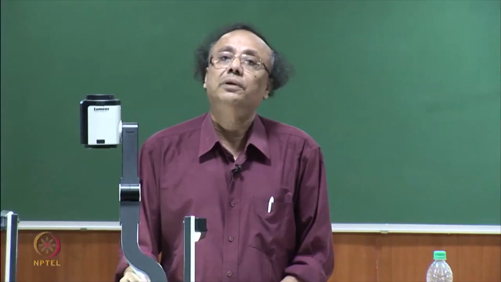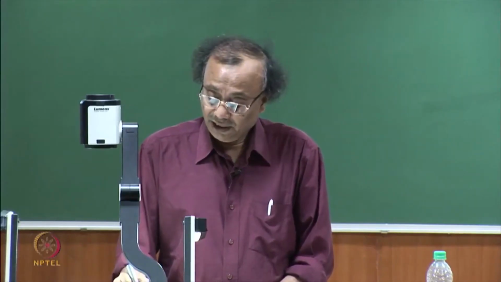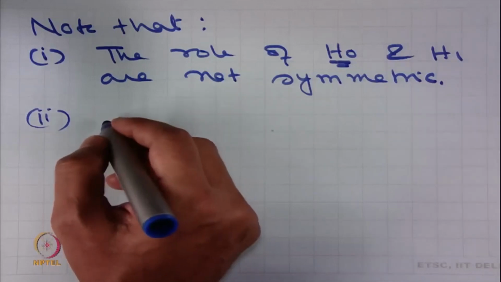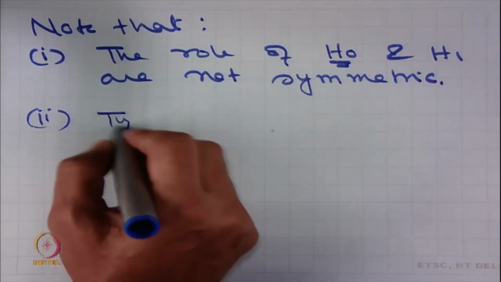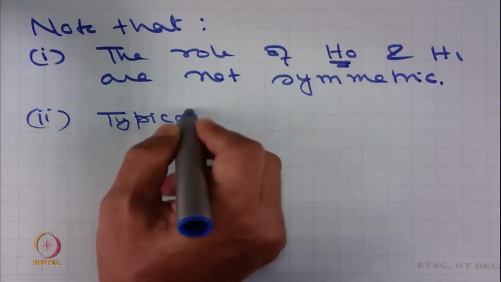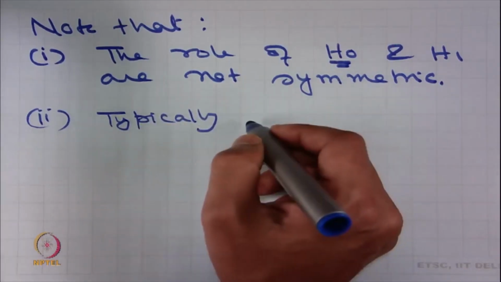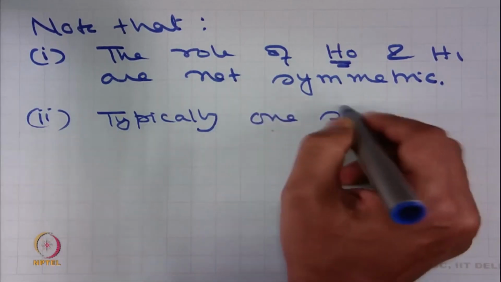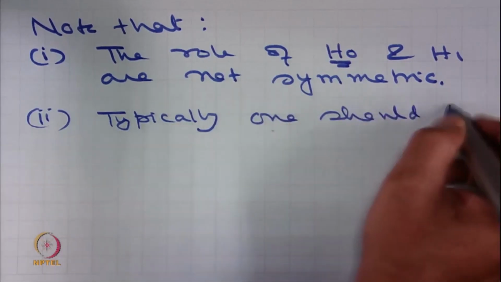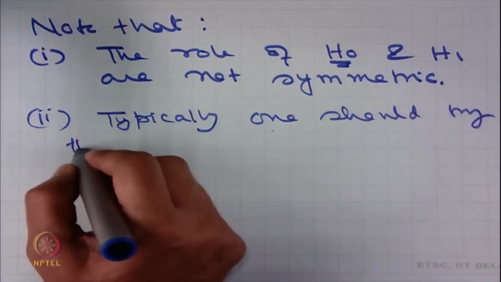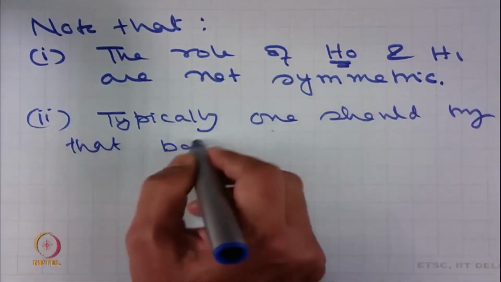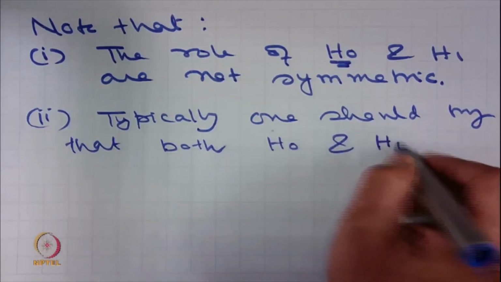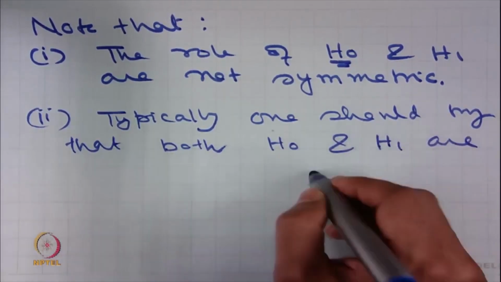That is the focus of testing of hypothesis. And the second point is that typically one should try that both H naught and H1 are simple.